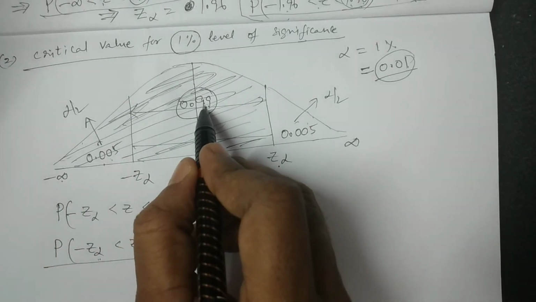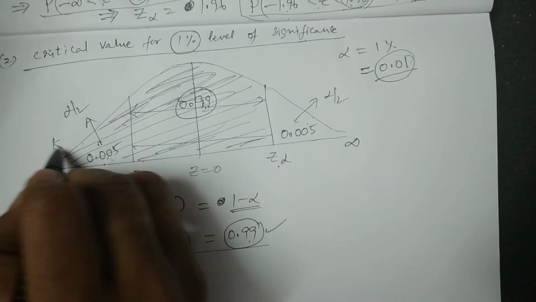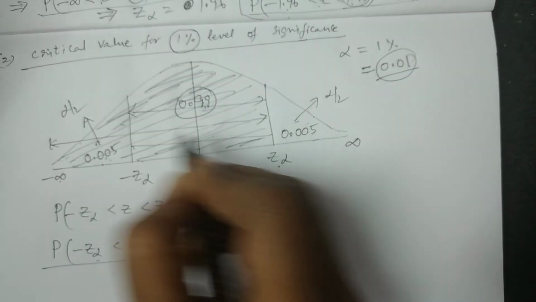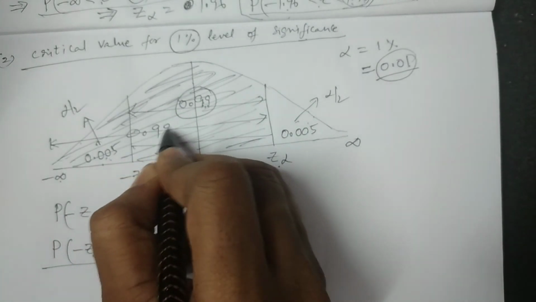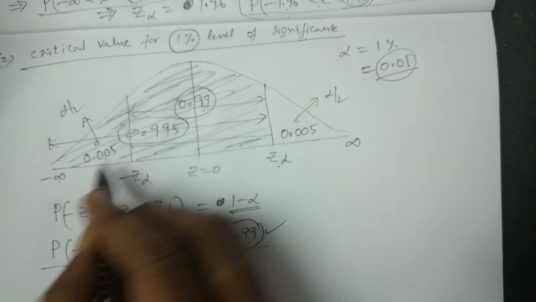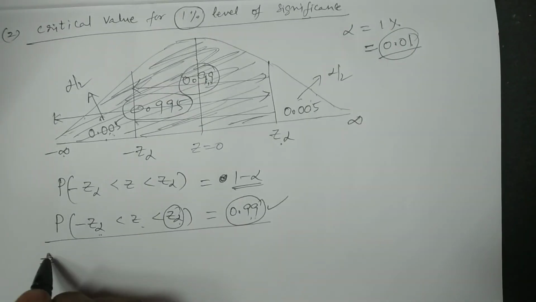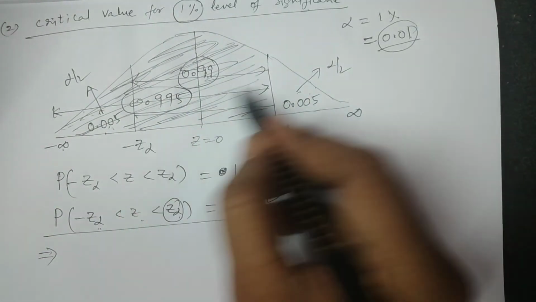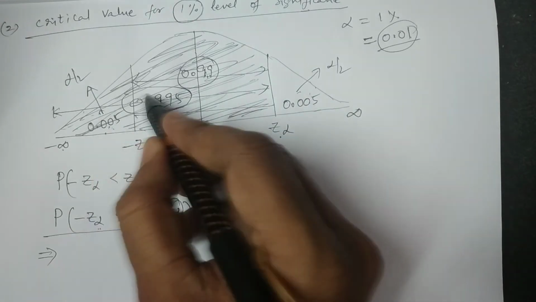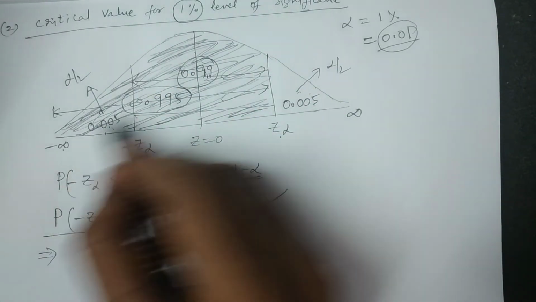So 0.99 plus 0.005, that is here to here, the area, that is shaded area, is nothing but 0.995. This is the area. By using this area I write the equation. Now hope you understand. This entire area is now 0.995.